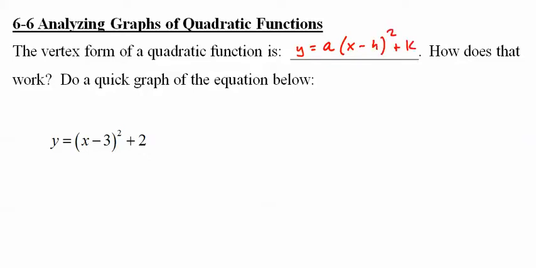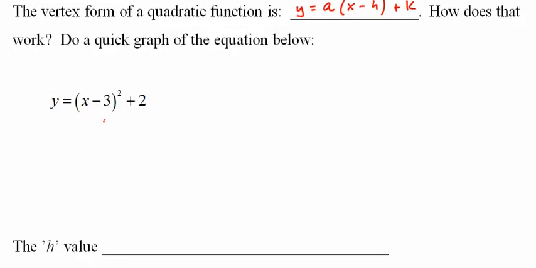So how does that work? Well, the vertex is 3, 2. A lot of people look at that and say it's the opposite of the sign inside and the same sign here.